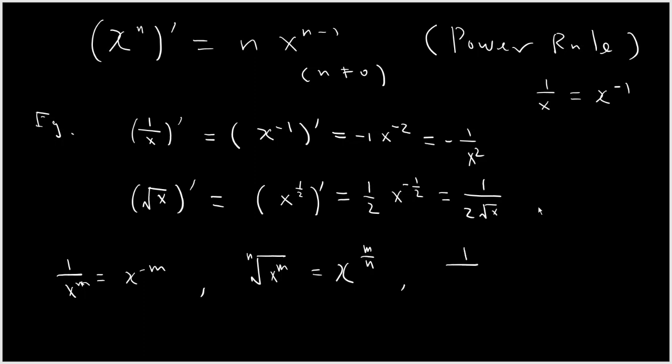Okay, if you have a radical in the form of 1 over nth root of x to the power of m, the formula you need to use is x to the power of negative m over n. Okay. So just a review about what I told you to memorize before.